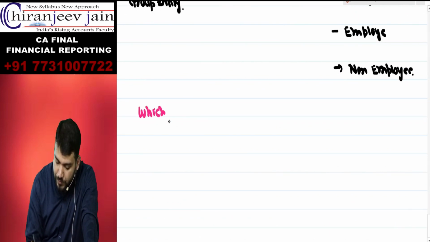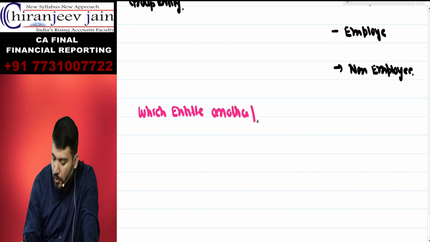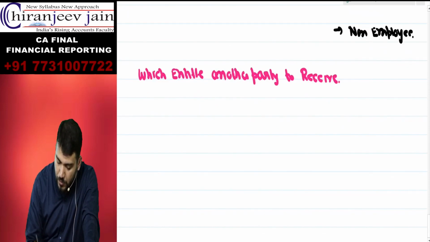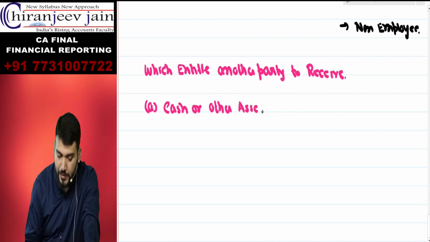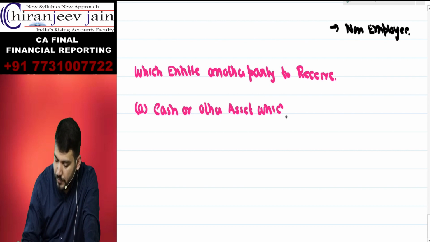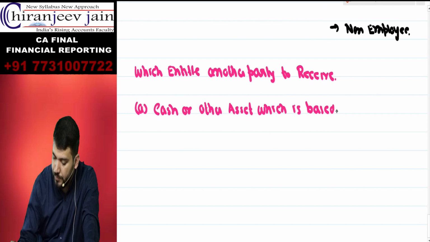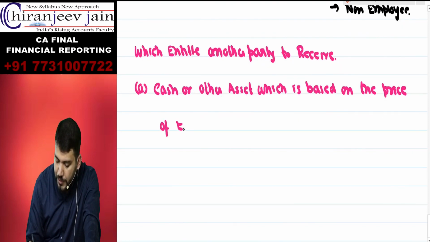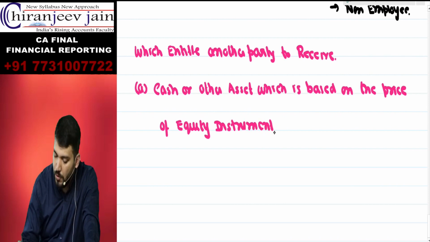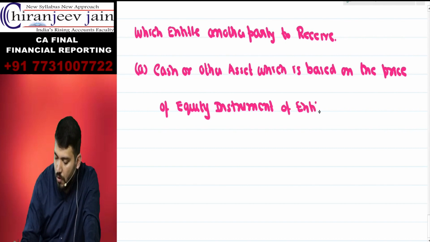Which means the agreement entitles another party, means employee or non-employee, to receive point number A, cash or other asset, which is based on the price of equity instrument of entity or group entity.